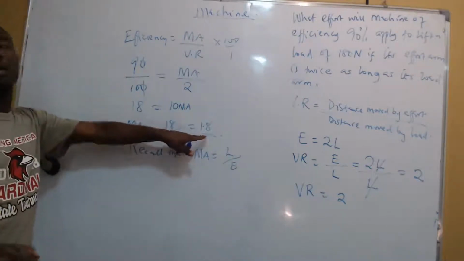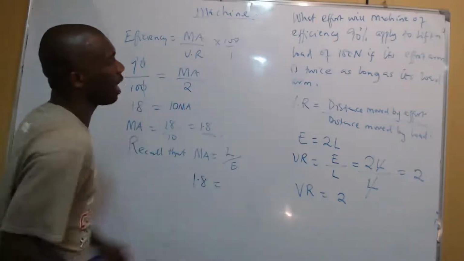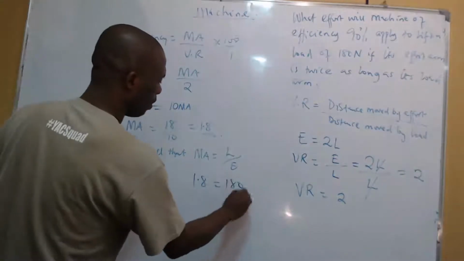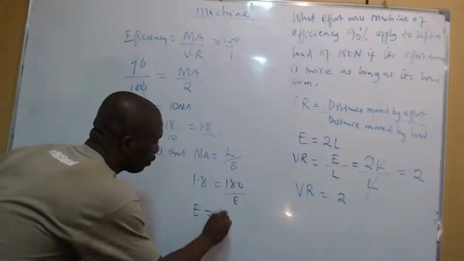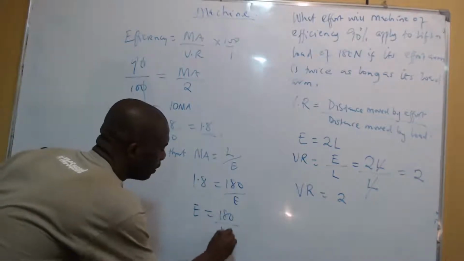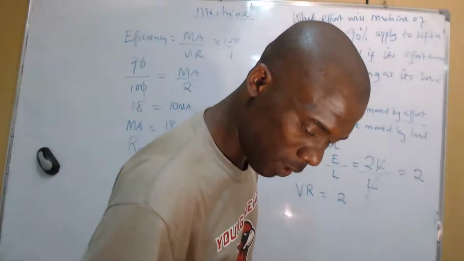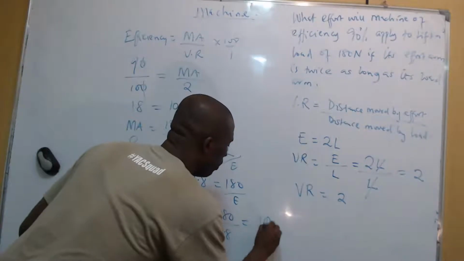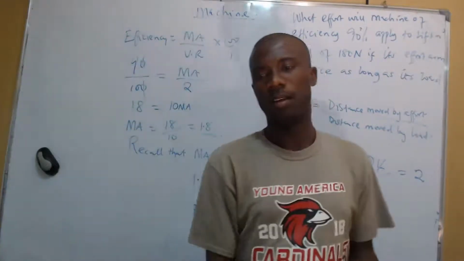So our mechanical advantage has been given as 1.8 equal to our load from the question was 180 newtons all over effort. So our effort will be equal to 180 over 1.8, which is equal to 180 divided by 1.8. It will give us 100. Our effort is equal to 100 newton.